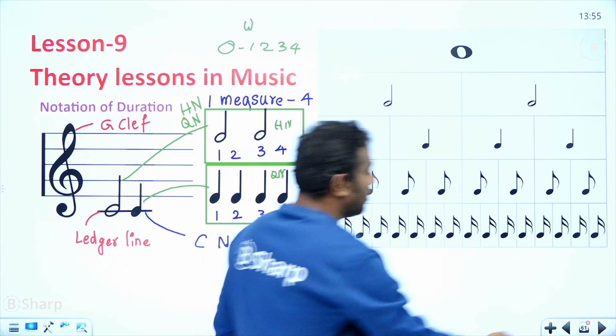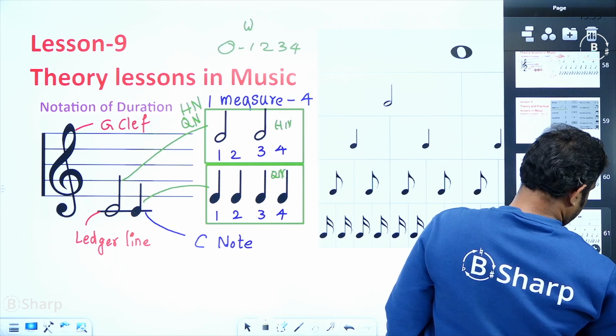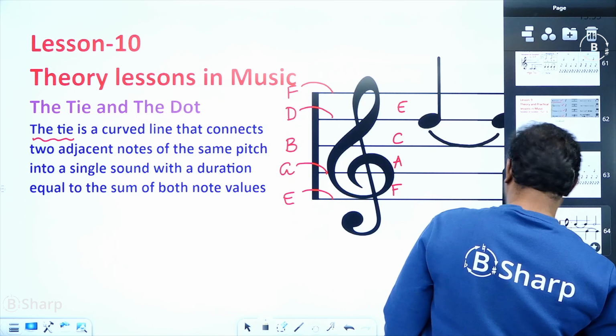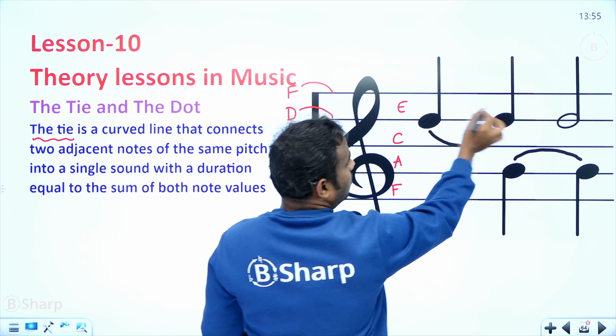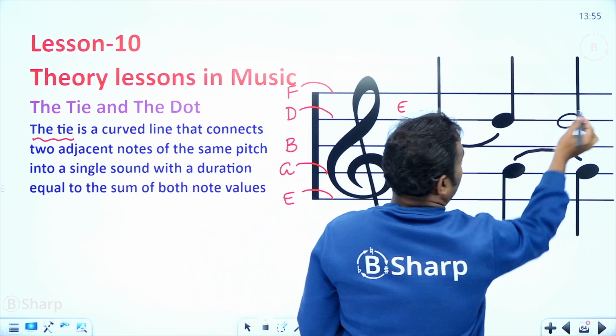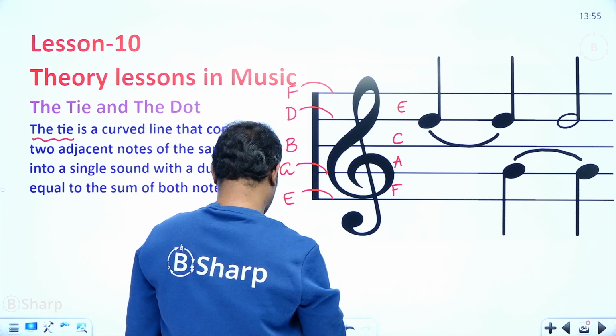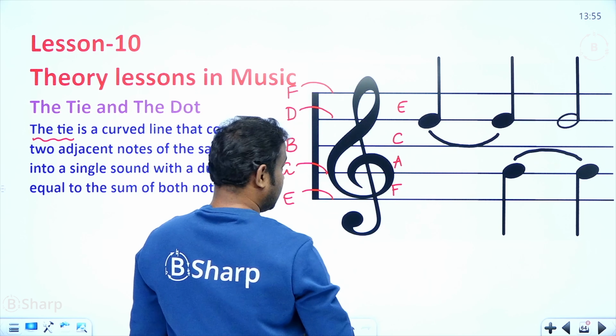If you recall this topic, here I am going to take two quarter notes. Two quarter notes are equal to one single half note. That's what I have written here.